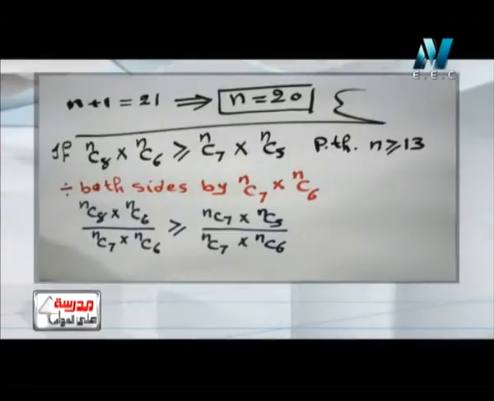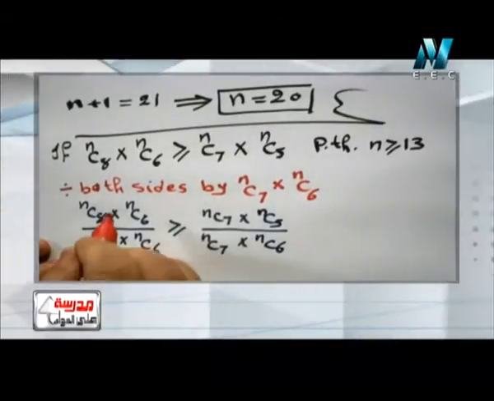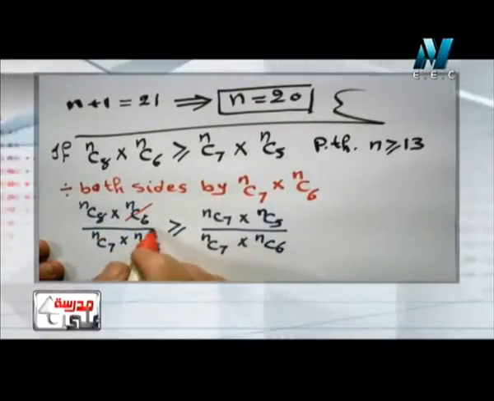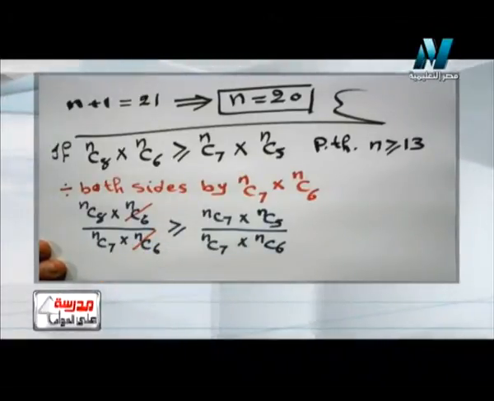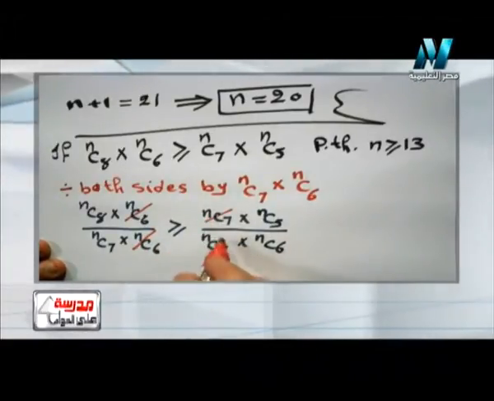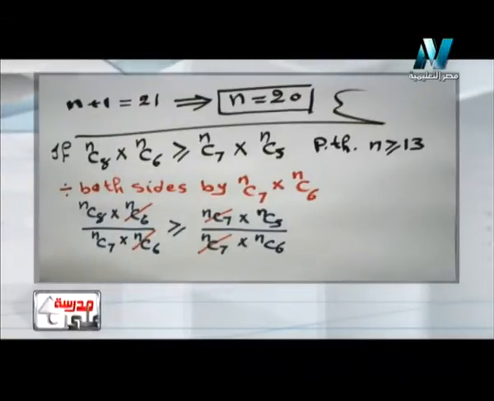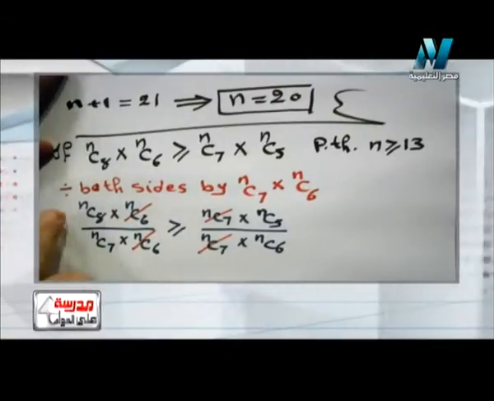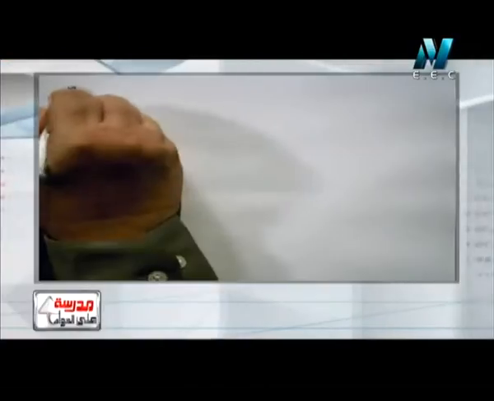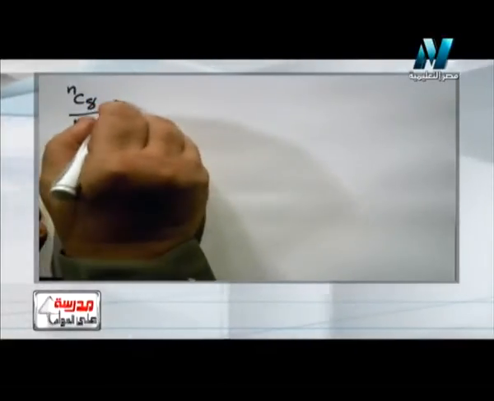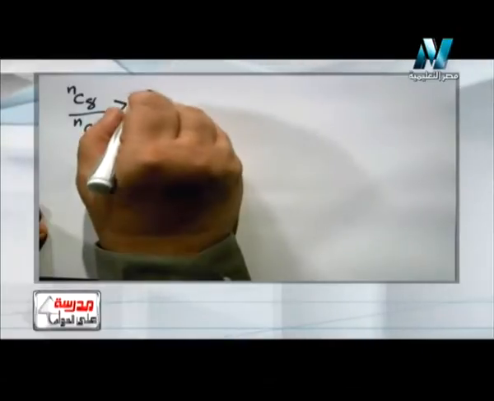Look, my dear, we can cancel nC6 up and down from the left-hand side and nC7 from the right-hand side, and therefore we now get nC8 over nC7 greater than or equal to nC5 over nC6.